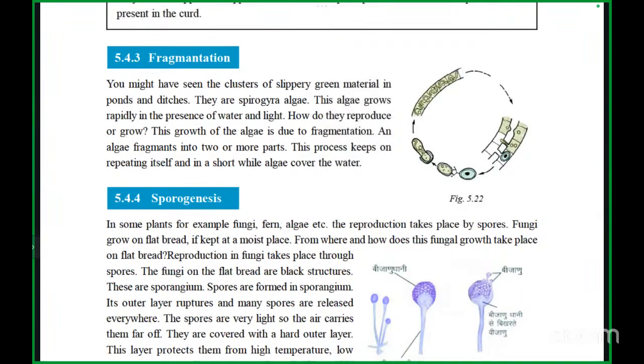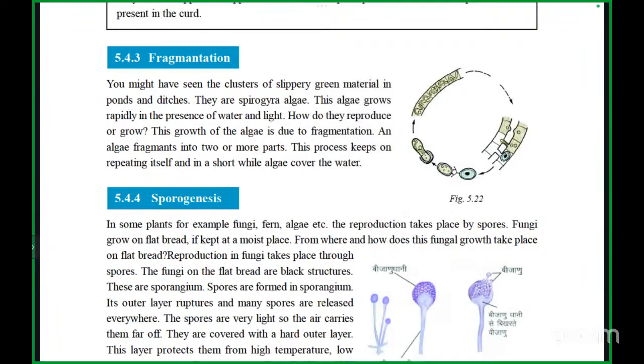All right. Fragmentation. Some plants multiply through a process called fragmentation. You might have seen clusters of slippery green material in ponds and ditches, or in swimming pools which are very old and haven't been cleaned, on the walls of some ponds.